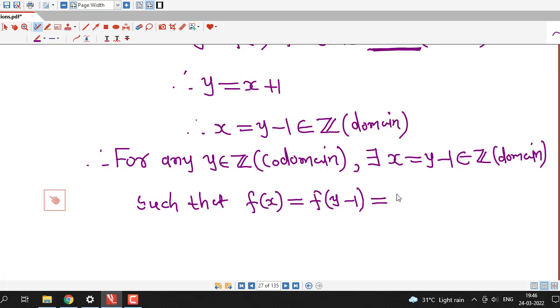Definition of f(x) is x plus 1. So therefore f(y minus 1) will be equal to y minus 1 plus 1, and it is y. So therefore function is onto or surjective.